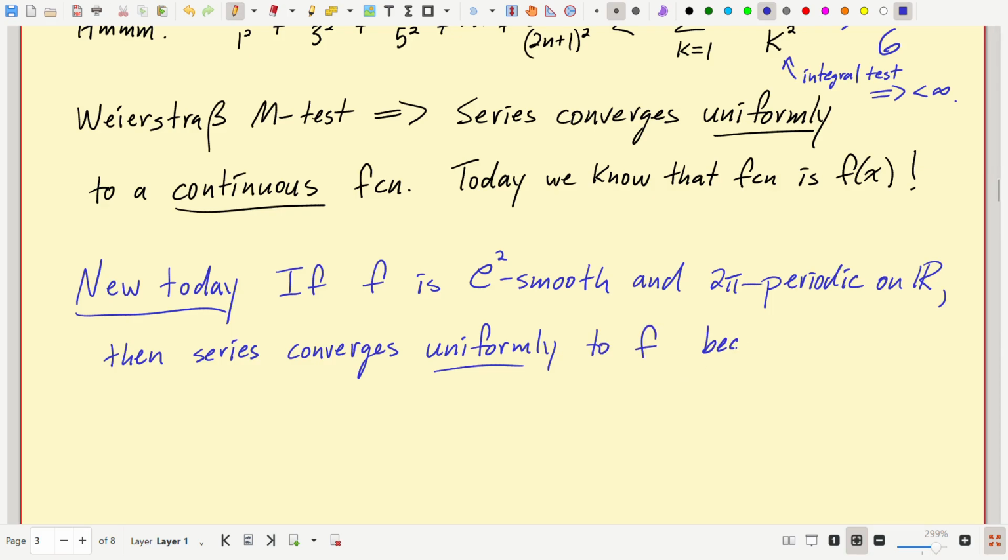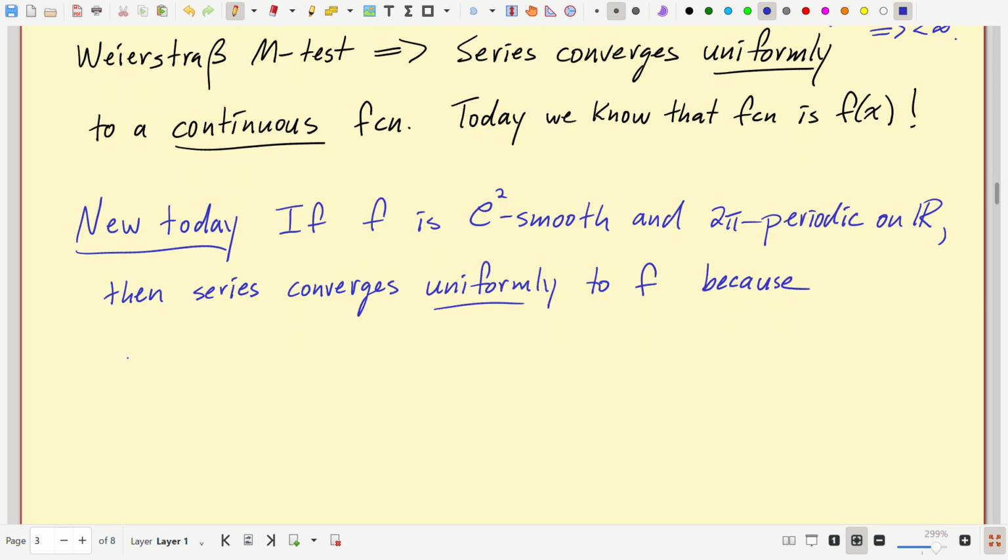Because of the Weierstrass M test, we'll have an estimate that the absolute value of An is going to be less than a constant over n squared, and Bn is going to be less than a constant over n squared.